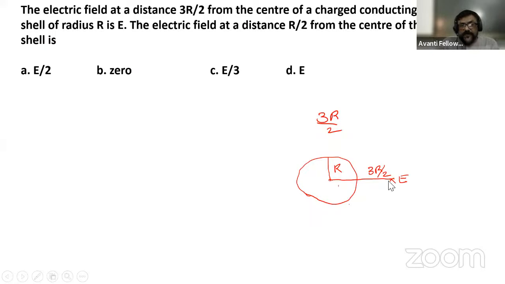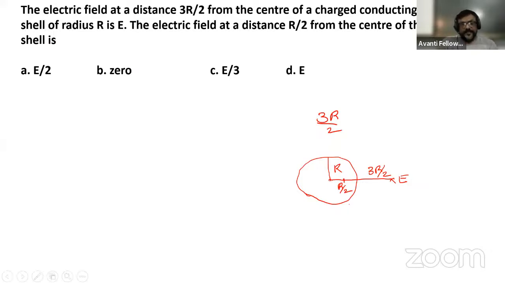So outside the spherical shell at this much distance the field is E. And you are asked to find the electric field at a distance R by 2 from the center of the spherical shell, a point somewhere here.